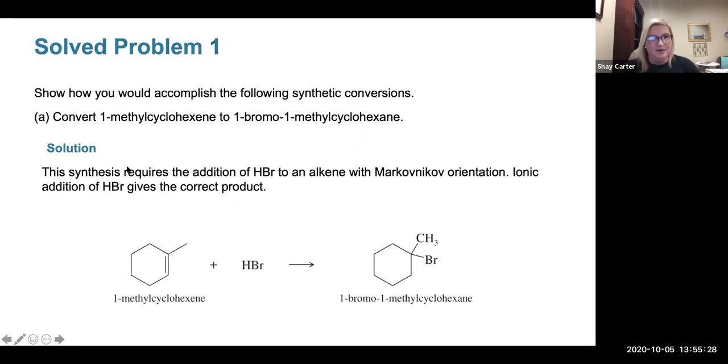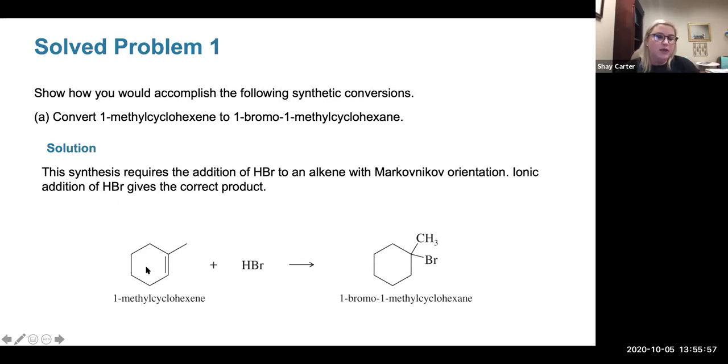Oh, the solution is here. I didn't animate it properly. Convert 1 methyl cyclohexene to 1 bromo, 1 methyl cyclohexane. I don't know how to cover this up, but let's just look at it. Here's the answer. The synthesis requires the addition of hydrobromide to an alkene with Markovnikov orientation.